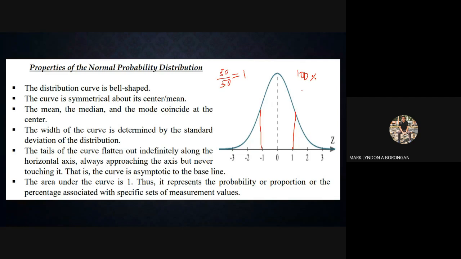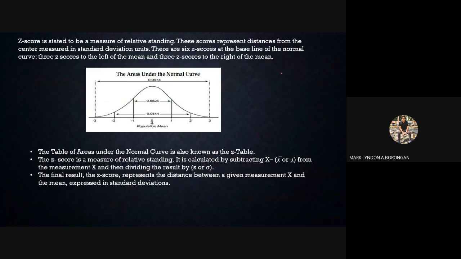Either way, it is 1 out of 2. So if you add the two, it is 2 over 2, which means 100%. Okay?